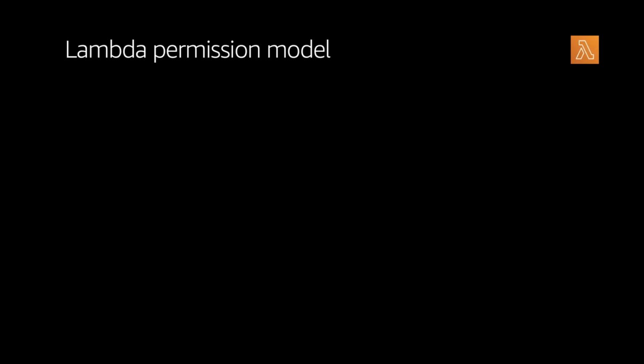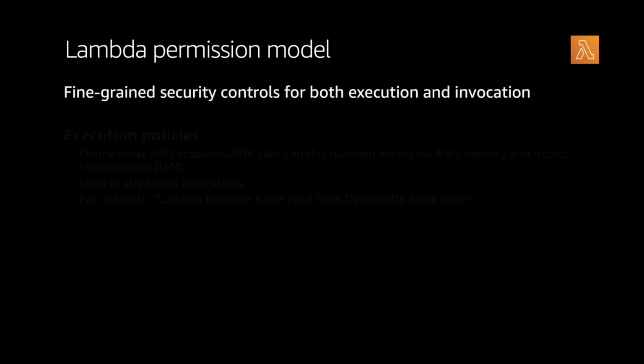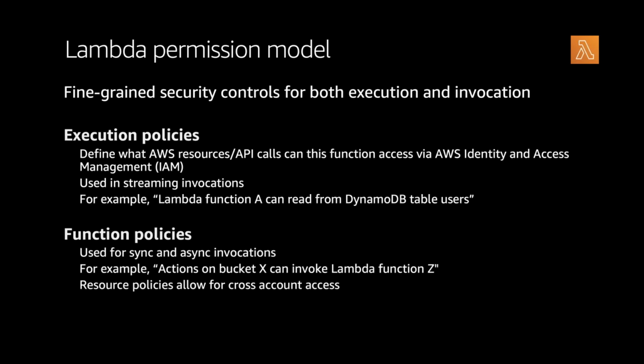So I want to talk briefly about the permission model of Lambda. By default, if you create a function, that function cannot do much, as you would expect. You can call APIs from the internet if they're public, but if you want to read data from a database or push a message into a queue or do all sorts of things with cloud services, you have to provide specific permissions to be able to do so.